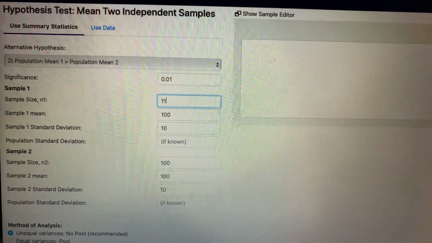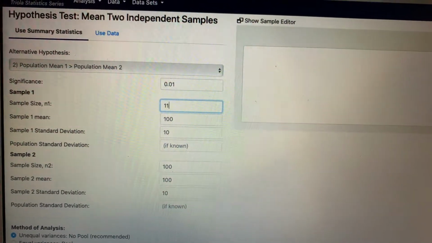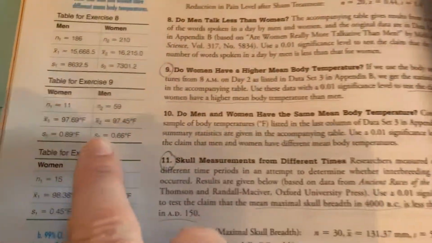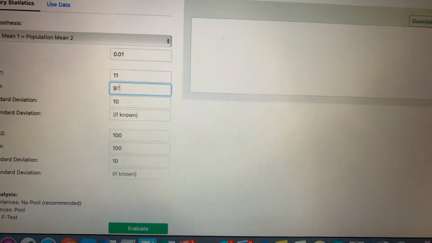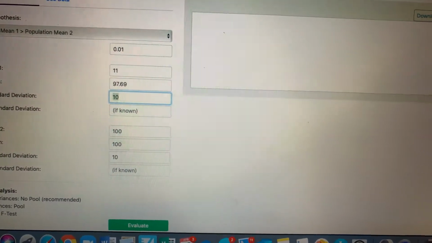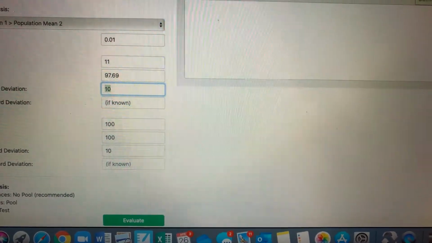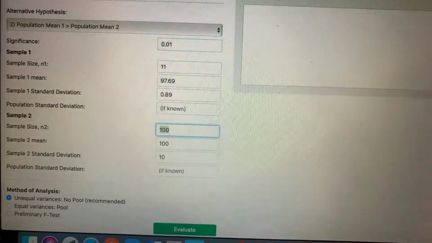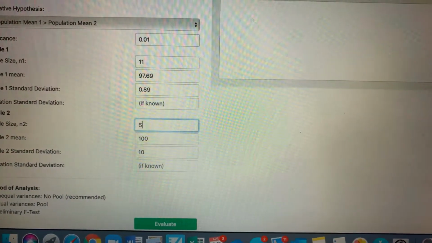Our sample size for the first sample, which is women, is 11. Their mean, let's see, I can look back at this table here. It's 97.69. And then their sample standard deviation is 0.89. Getting that all from the table. Moving on to the men, their sample size was 59.